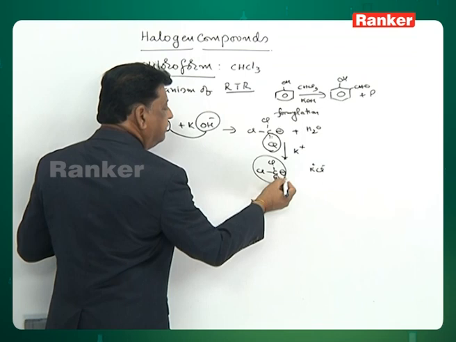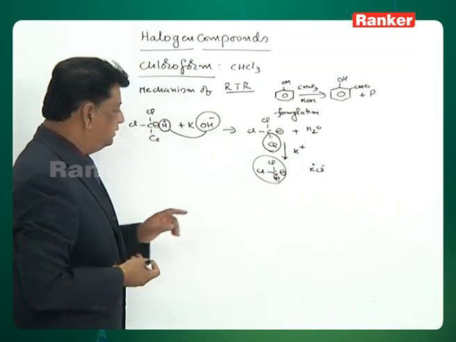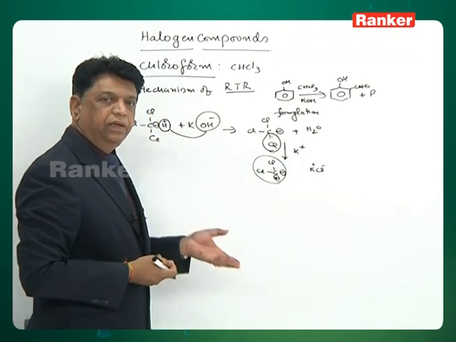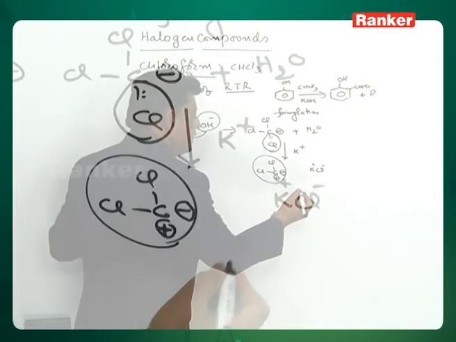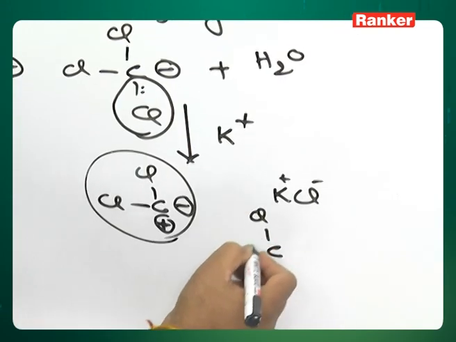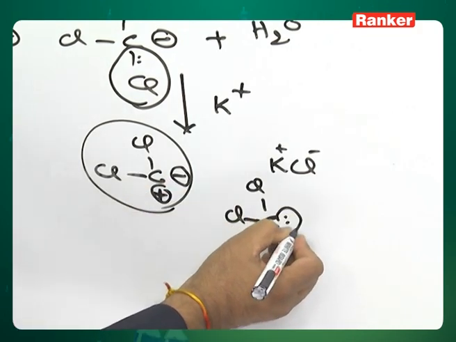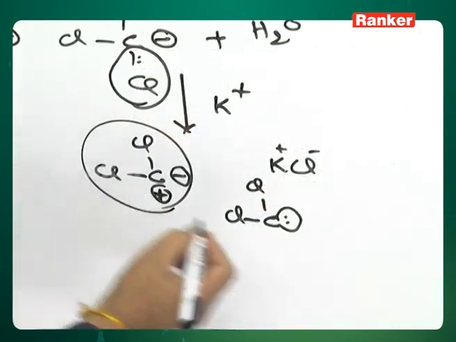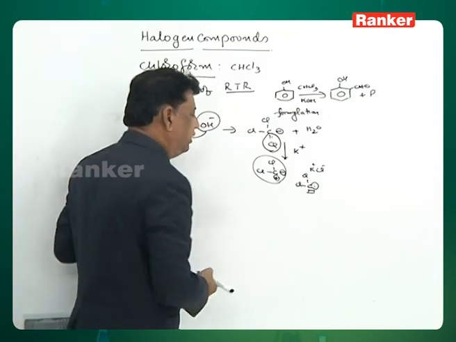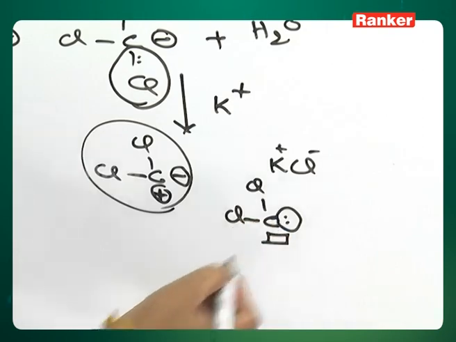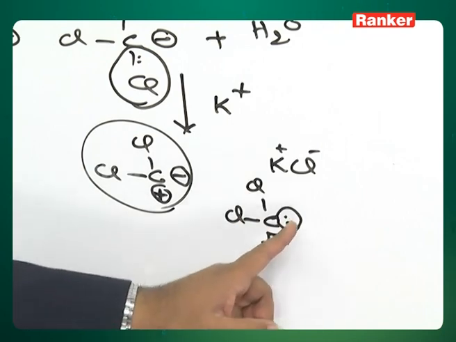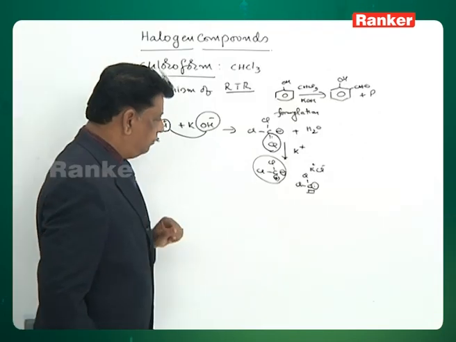Obviously writing like this is not correct, because an element containing plus and minus simultaneously is not correct. Instead, what we write is 2 chlorines, a minus charge shown with a lone pair and a plus charge shown with a vacant orbital. So now we have a carbon with 2 chlorines with a lone pair and a vacant orbital.